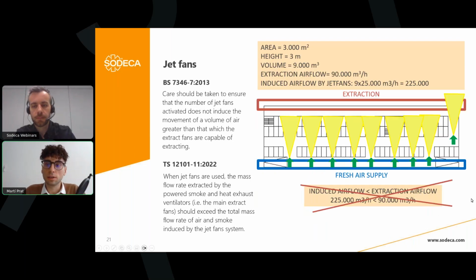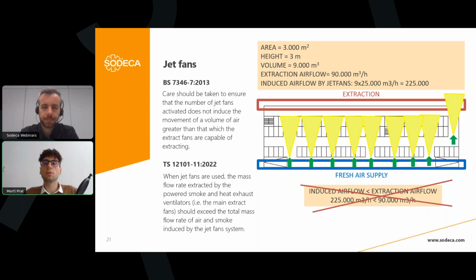Also, when calculating and dimensioning the extraction fans, what we do in such projects is calculate the induced airflow by jet fans. The jet fans, as I explained earlier, move a much greater volume of air at the end of the shaft. And all this air volume needs to be extracted, otherwise it recirculates.